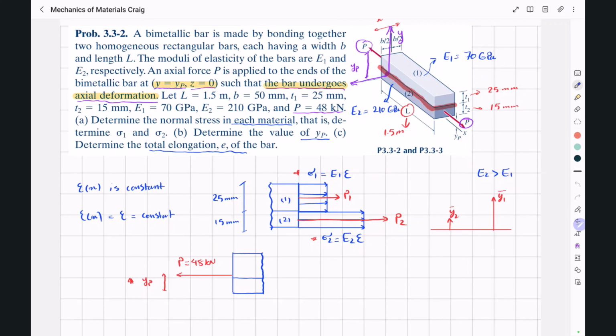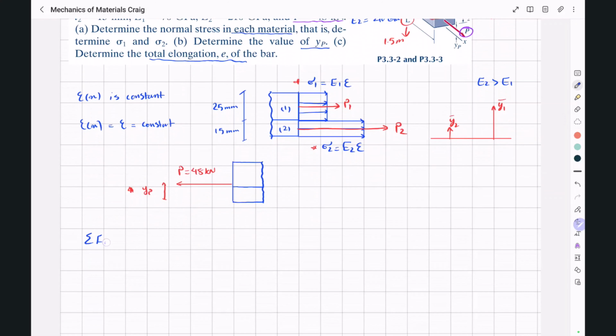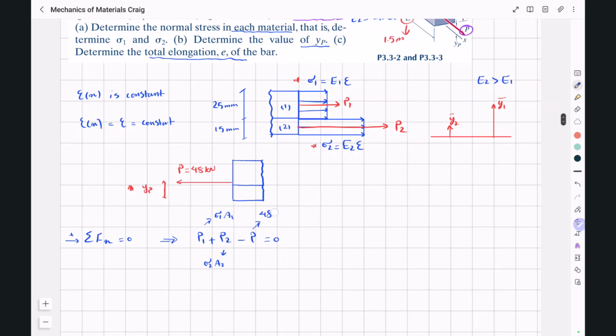Now for part A, in order to determine sigma 1 and sigma 2, we can write the equation of equilibrium in the x direction. So we have sigma Fx is equal to 0 in this direction. So P1 plus P2 minus P is equal to 0. P1 is sigma 1 A1, P2 is sigma 2 A2, and P is 48 kilonewton.